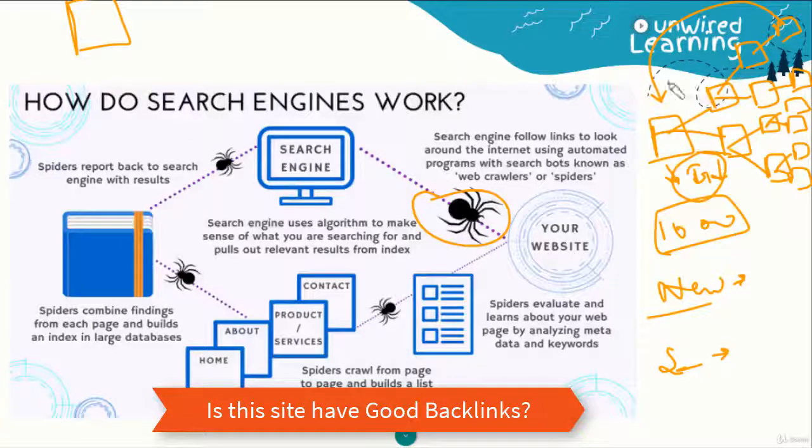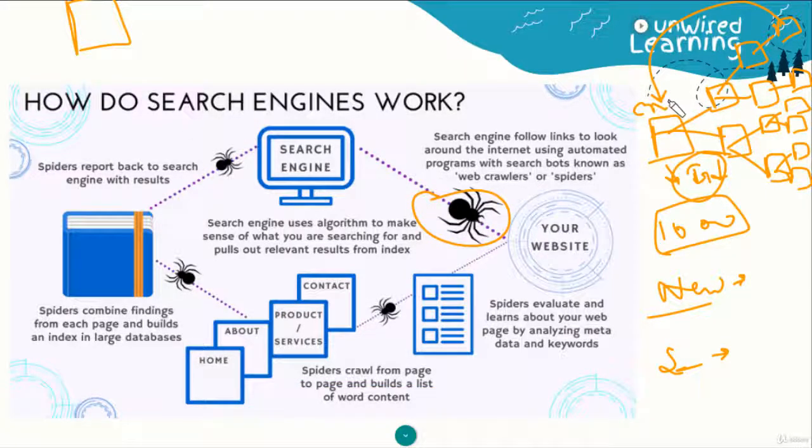Like, this is the CNN website and they have referred to my site. This is my site, which is referred by CNN. This is something good and Google will take this in a positive manner. While if someone's website is referred by a spammy site, Google will take this in a negative manner.